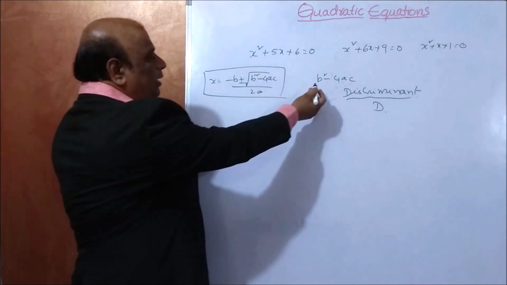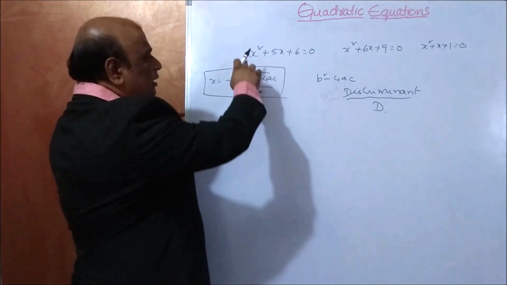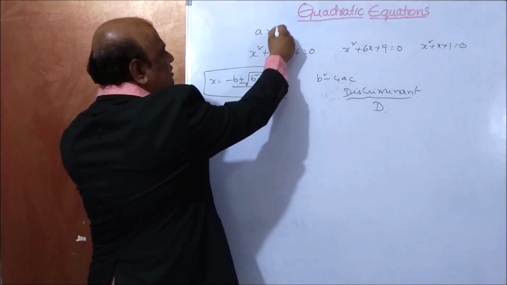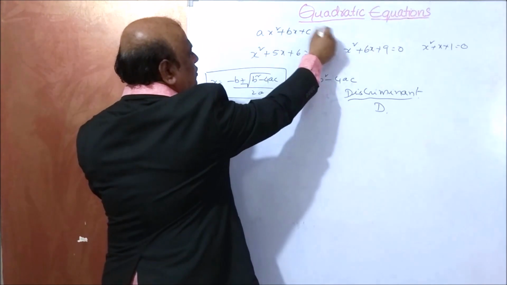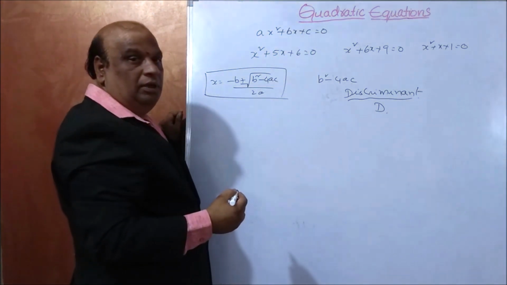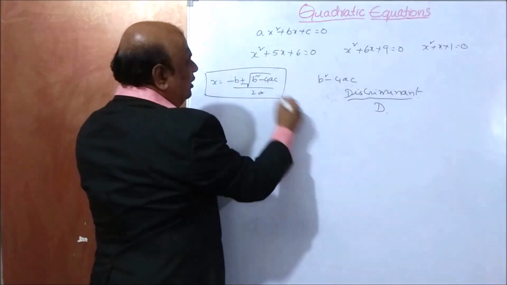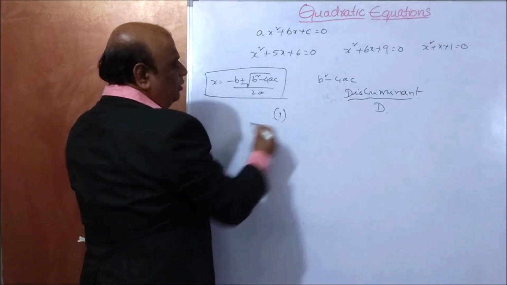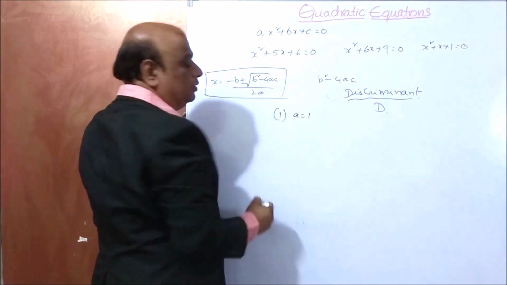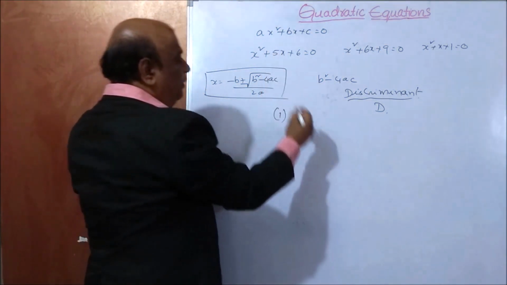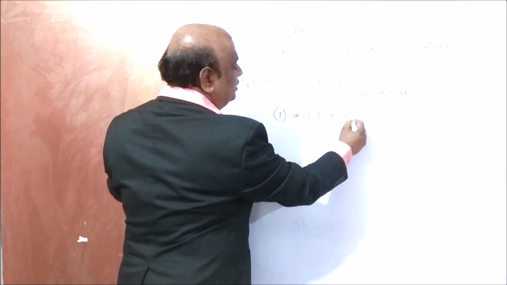See carefully. Here b square minus 4ac. Compare with the general form ax square plus bx plus c is equal to 0. If you compare these coefficients, in the first problem a is equal to 1, b is equal to 5, c is equal to 6.